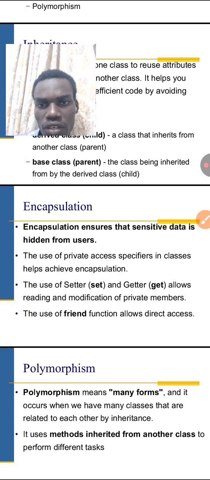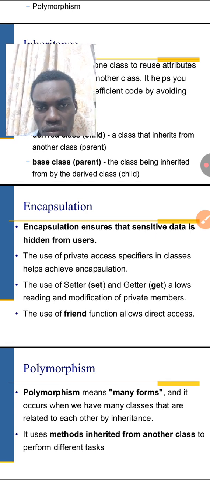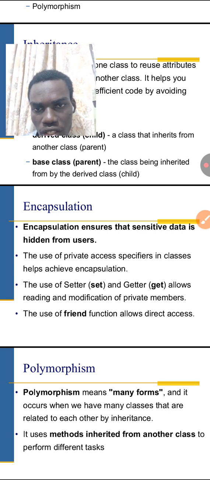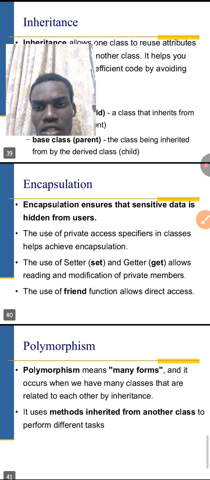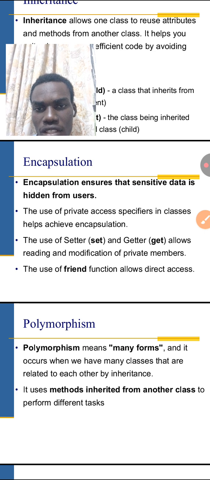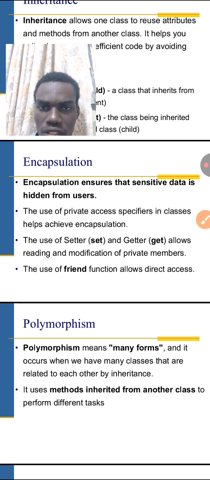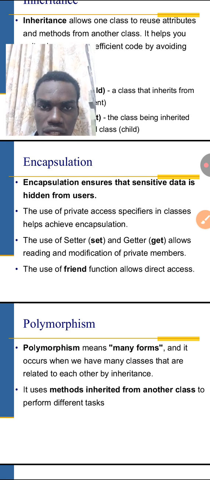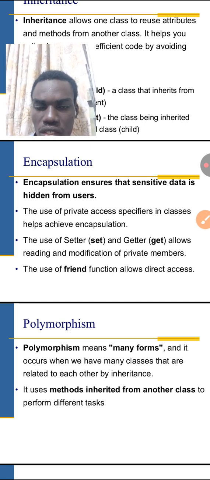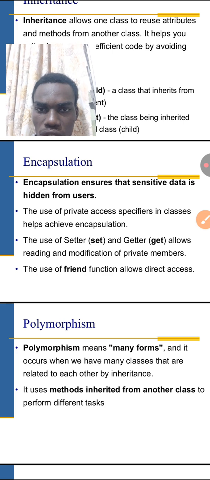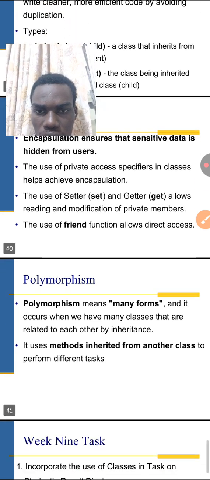The use of the private access specifier in classes helps achieve encapsulation. The use of setter, that's set, and getter, that's get, allows reading and modification of private members. The use of friend function allows direct access.